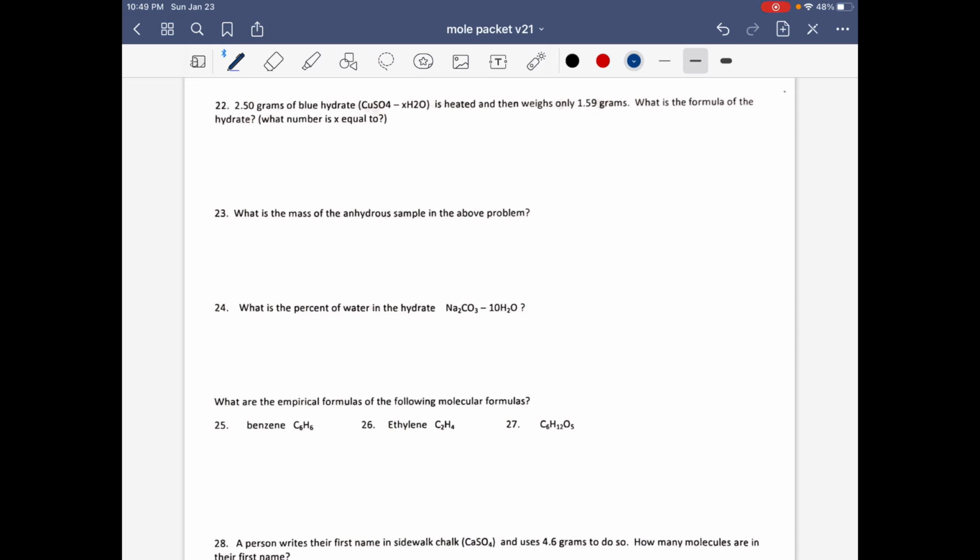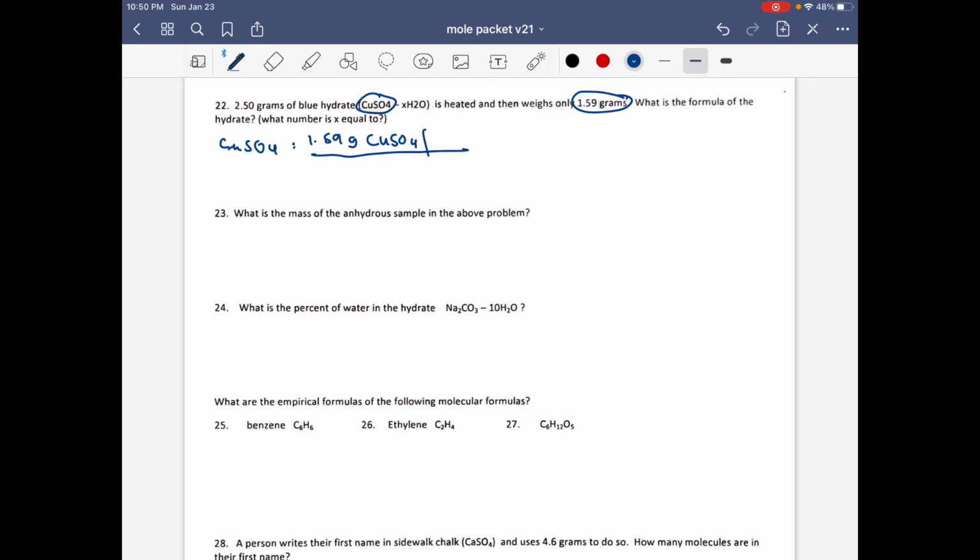The blue hydrate is this whole thing, and when it's heated, which means we're losing the water, we have this left, which would mean this is how much that weighs. So CuSO4 is 1.59 grams.